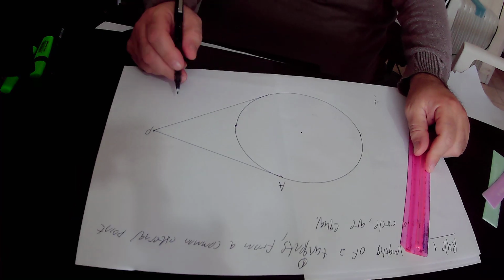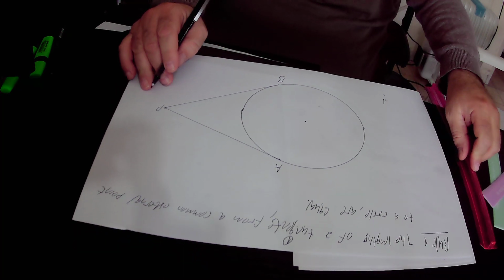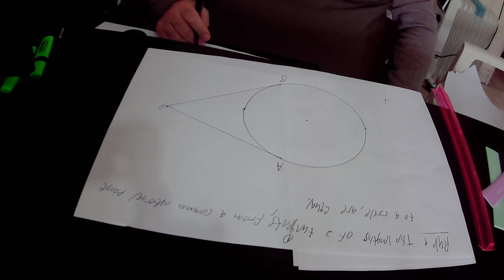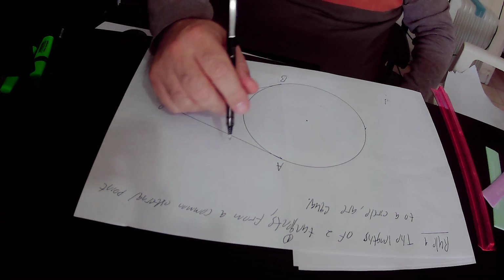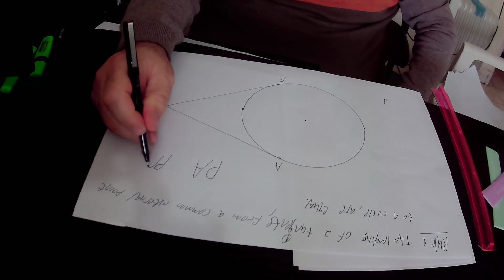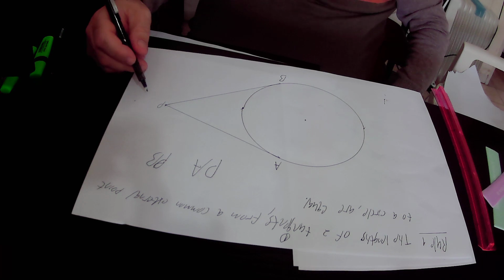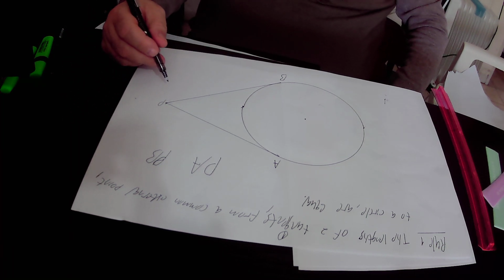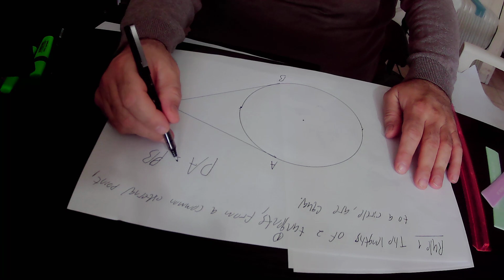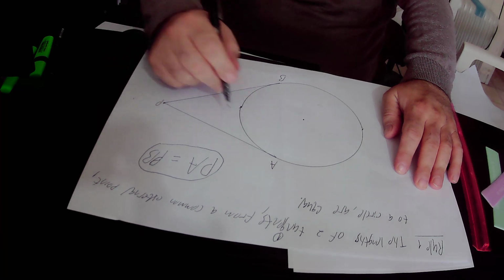Here the point of tangency of the second tangent with this circle is at point B. And according to rule number 1, the lengths of two tangents, that is to say, the first tangent PA and the second tangent PB, from a common external point P to a circle, are equal. That is to say, PA equals PB.